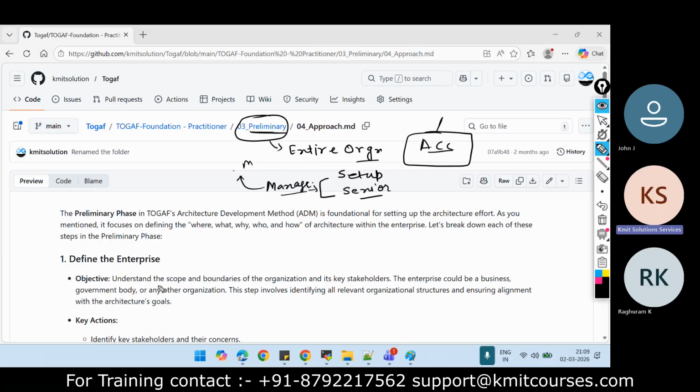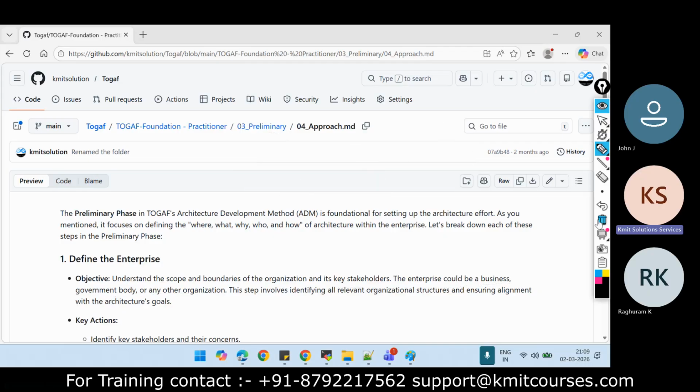Here you can see: define the enterprise, the scope and the boundary of the organization, and the key stakeholders. The enterprise could be a business or a government body, as we discussed last time. Now, another question which comes to mind: we know that the preliminary phase is the first phase, or rather it is before Phase A. It is setting up the architecture capability at the enterprise level.